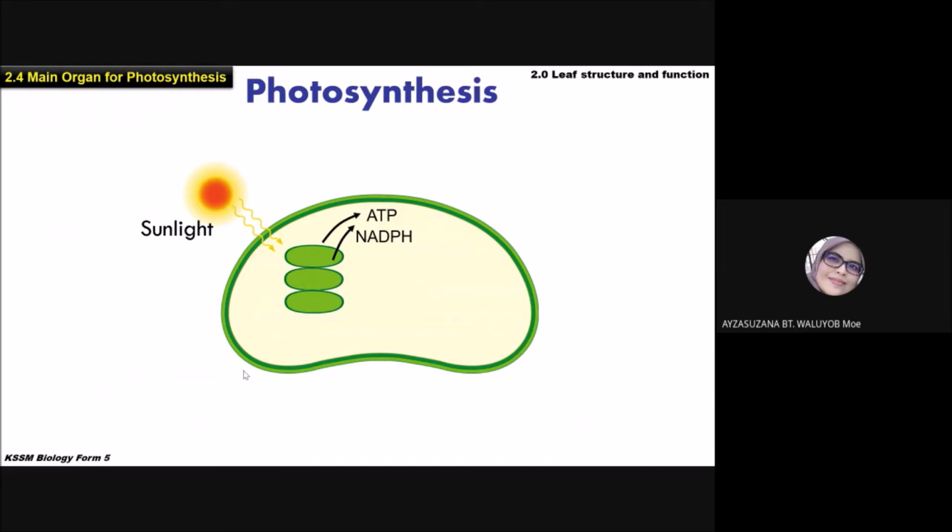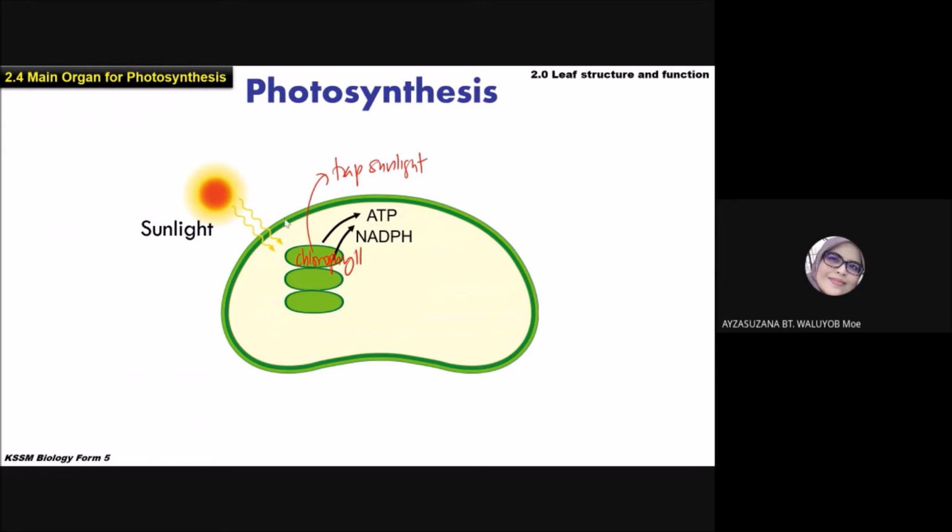So, the function of the chlorophyll is trap sunlight. So, dalam ni ada chlorophyll. Kita tahu fungsi chlorophyll adalah trap sunlight. Okay, so sunlight trapped by the chlorophyll in the thylakoid. Okay, so when the chlorophyll in the granum or in the thylakoid absorb the light energy, the absorbed energy activate.